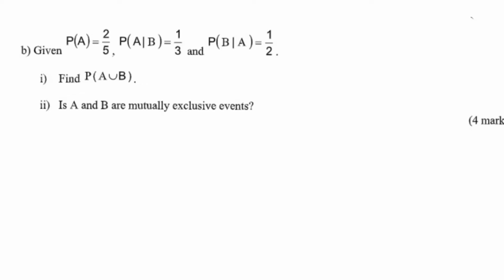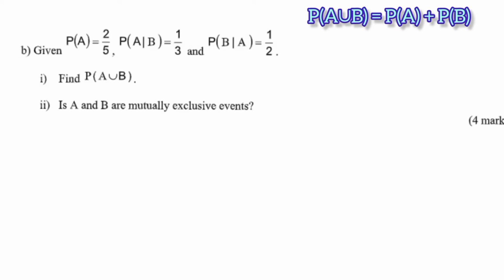Now, for question B, we must find probability A union B. First of all, we must recognize every formula from the hint given. Firstly, we have probability A union B equal to probability A plus probability B. But from the question, we just got probability A. So how to find probability B?